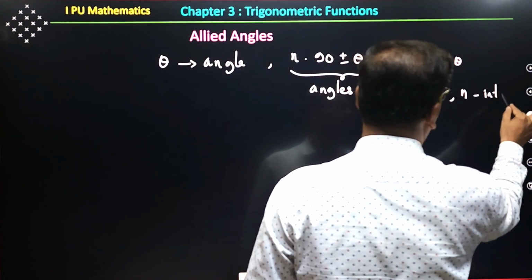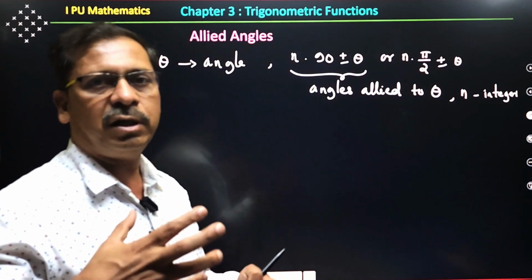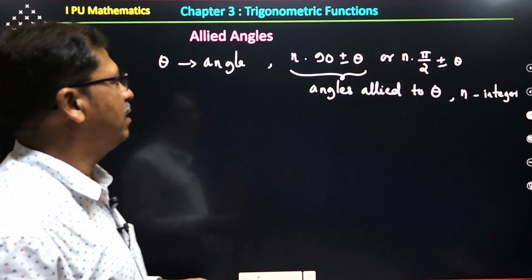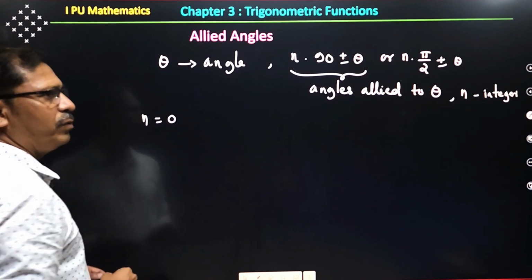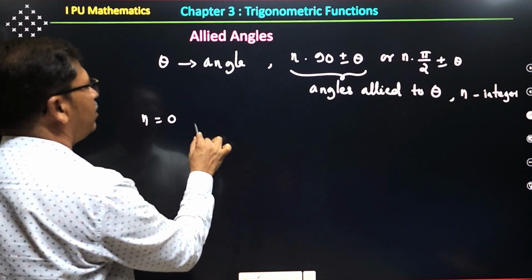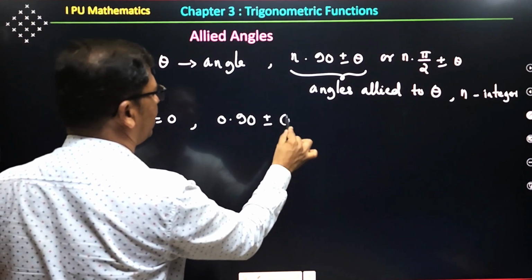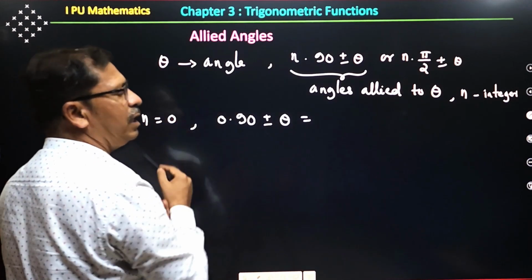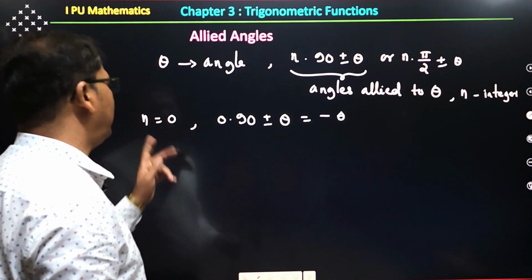Let me take the positive integers and standardize some standard allied angles. When you take n equal to 0, you get 0 into 90 plus or minus theta; 0 into 90 is 0 itself, so you get plus or minus theta. This is the angle allied to theta.